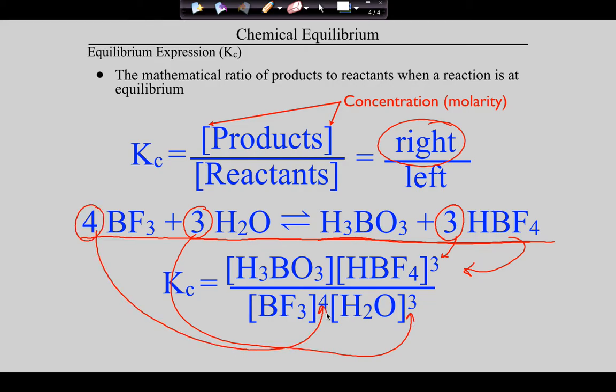So guys, what do we do with coefficients when we write them in the KC expressions? They become exponents. Rule number 1: coefficients become exponents. You might consider writing down rules.